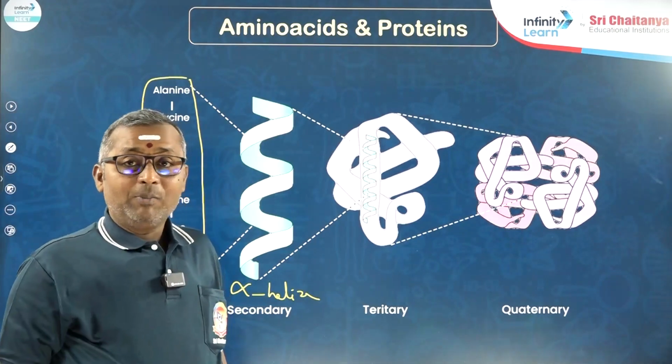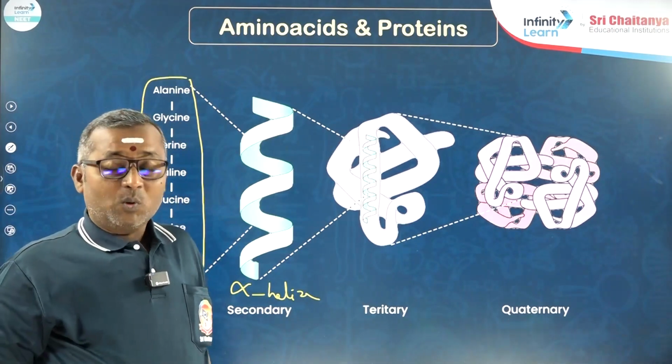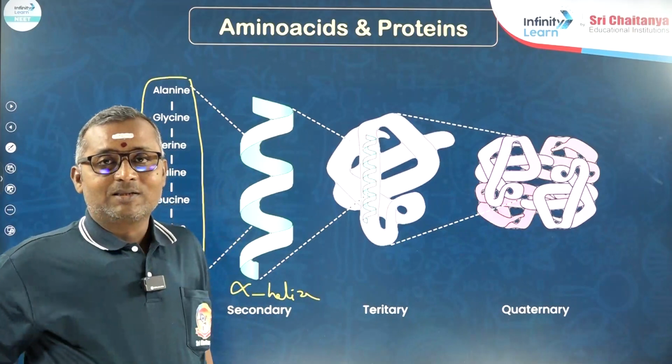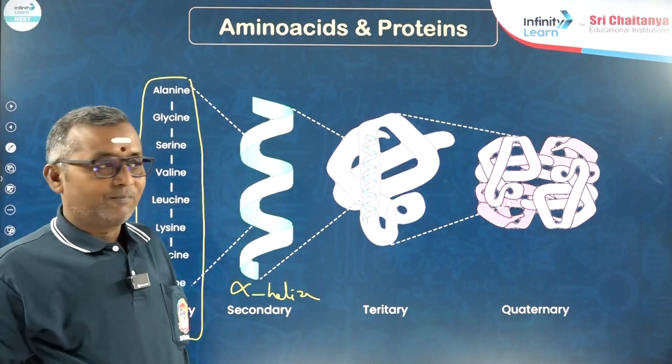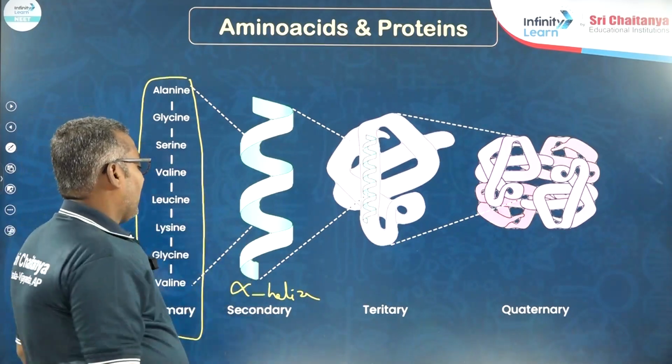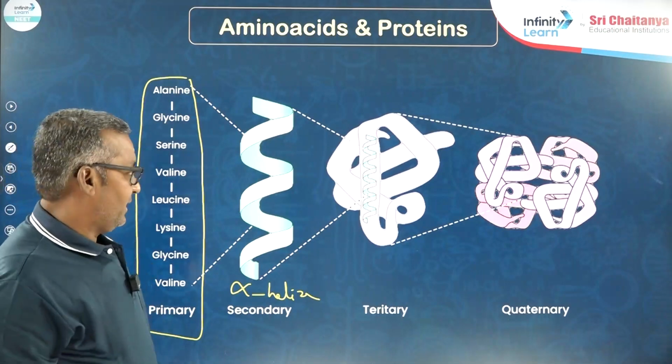And we have to remember that proteins form only right-handed helices, never left-handed helices. So this is a right-handed helix, alpha helix.